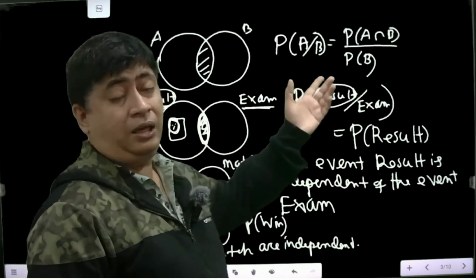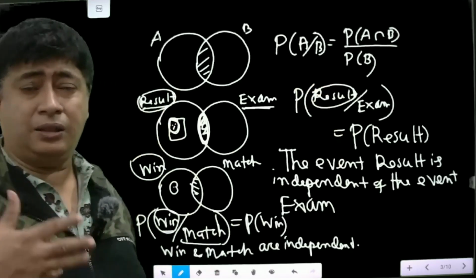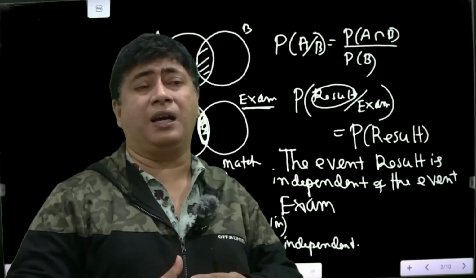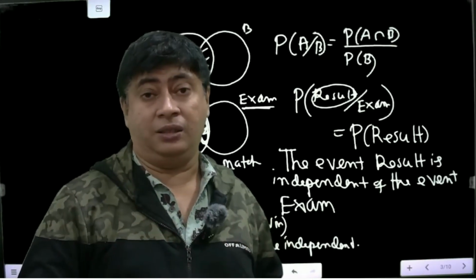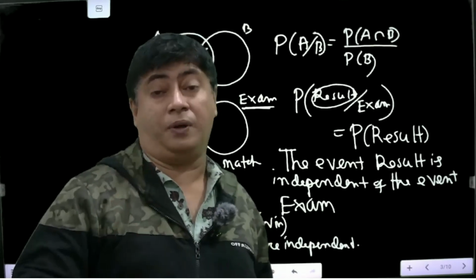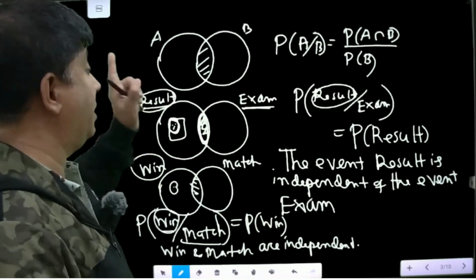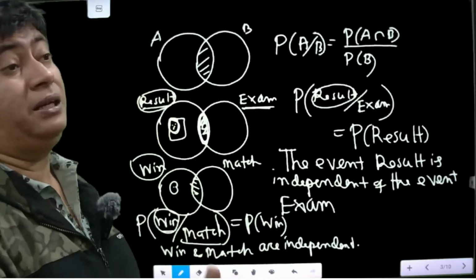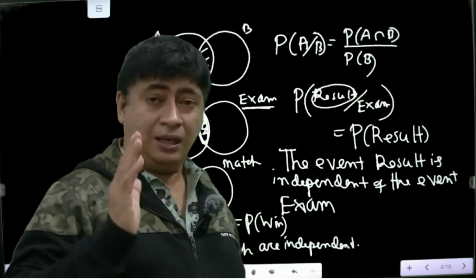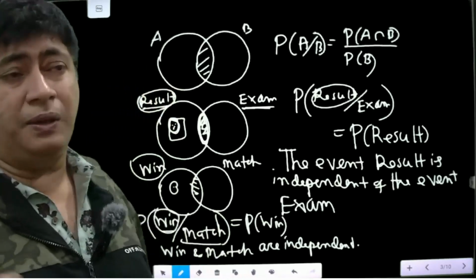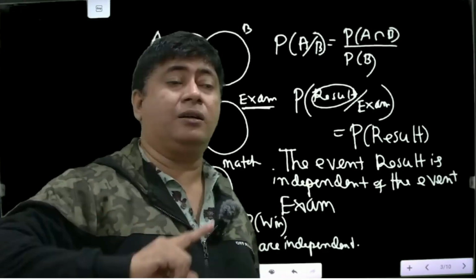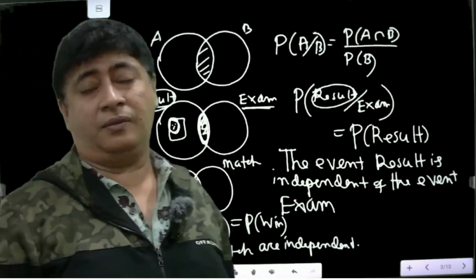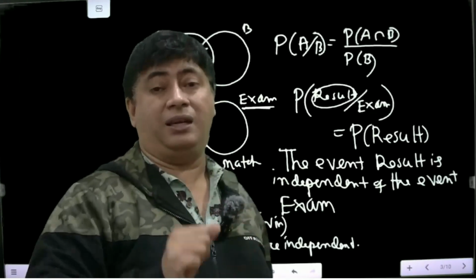So, considering these two examples, it has become an easy task for us to get a good grip on conditional probability, because here students are fumbling. Why? To understand what is independent and what is dependent. Generally, if a match is being played, then the winner or loser will be decided on the occurrence of playing the match.